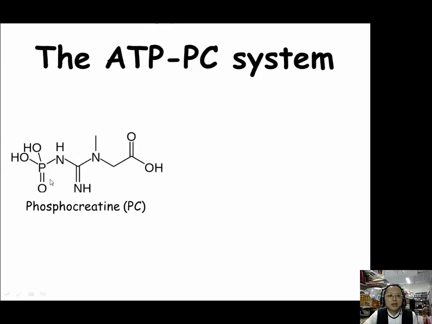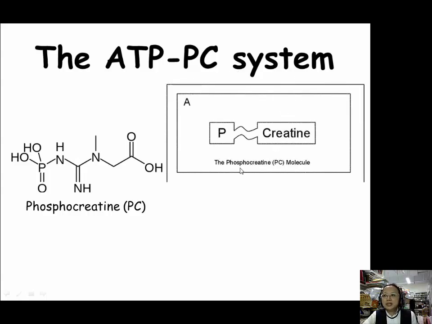Creatine, actually phosphocreatine, which has one more phosphoryl group attached to it, is a part of the ATP-PC system. The ATP-PC system is used for a duration of up to 10 seconds. When we are doing a sprint, like a 100-meter sprint, in the first 10 seconds, the ATP is quickly hydrolyzed to produce energy so our muscle can contract.